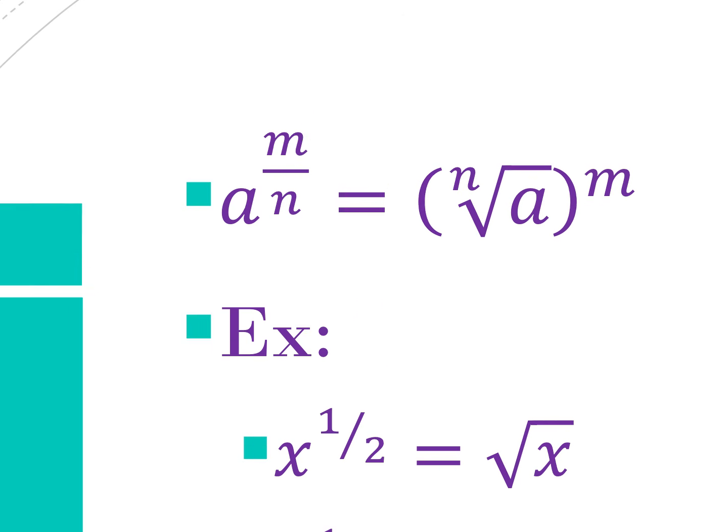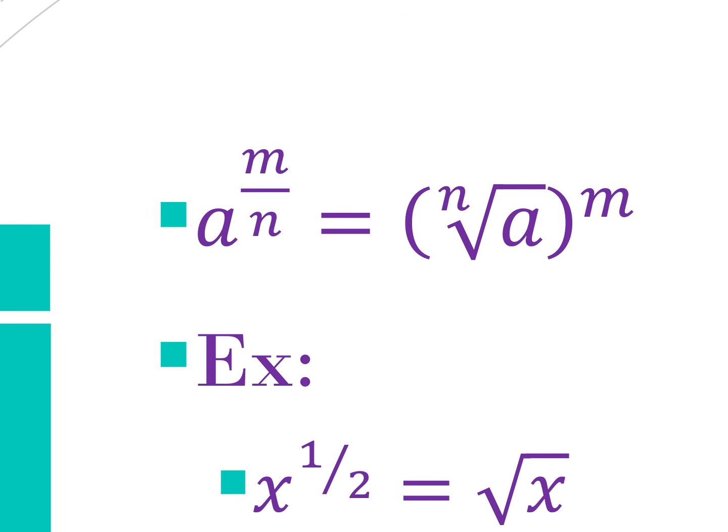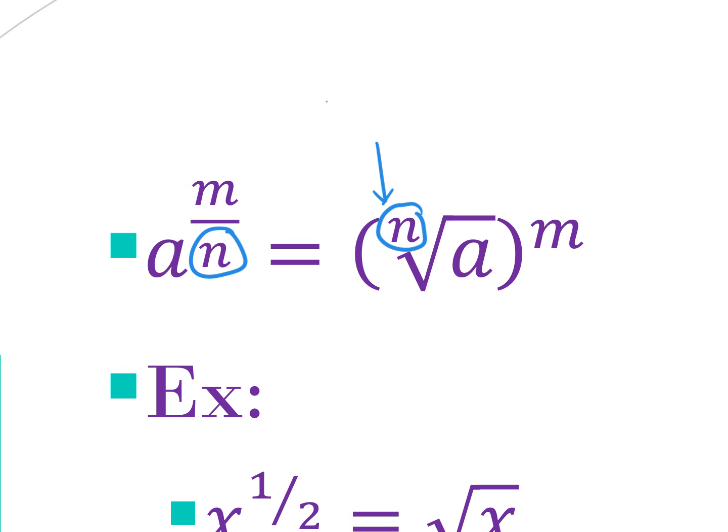All right, so our general rule is that if I have a to the m over n, that number on the bottom is going to become the index of your radical, right? So if we need a refresher on radicals, this number on the inside is called the index.